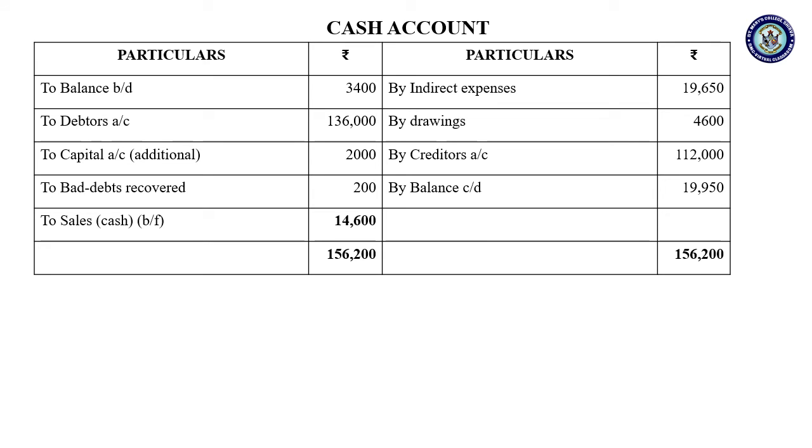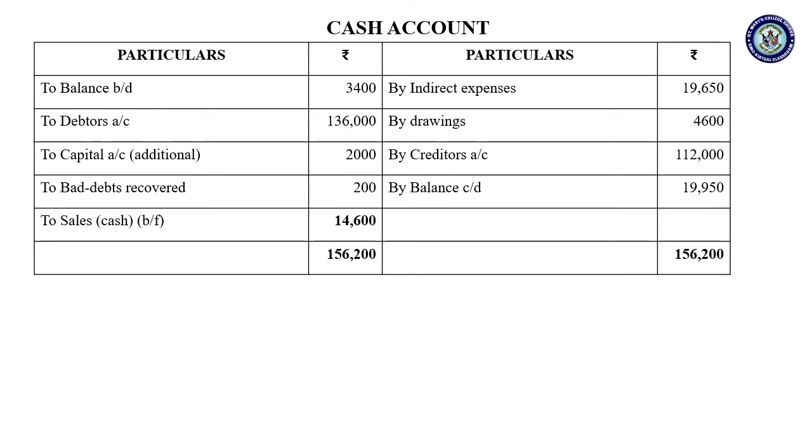Otherwise you just ignore the credit sale. In your problem they have given the cost of goods sold, and the gross profit percentage, so you can calculate your total sale, because the profit is on sale.